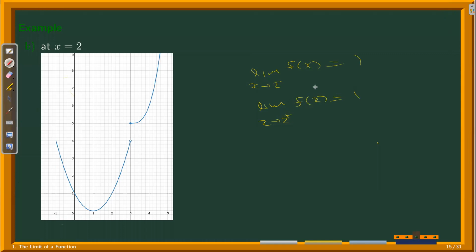And f of 2, first I have to check this, that is also 1, because these two are equal, the limit as x goes to 2 of f(x) is also 1, so they are the same.